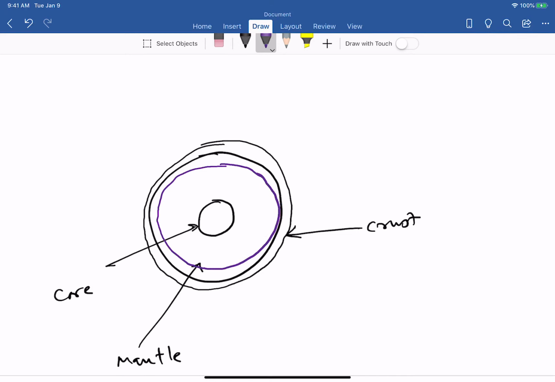So this region is called the lithosphere, and it's rigid, like the shell of an egg. So the lithosphere is this rigid outer layer of the Earth, which consists of the crust and the uppermost part of the mantle, right? So that's called the lithosphere.